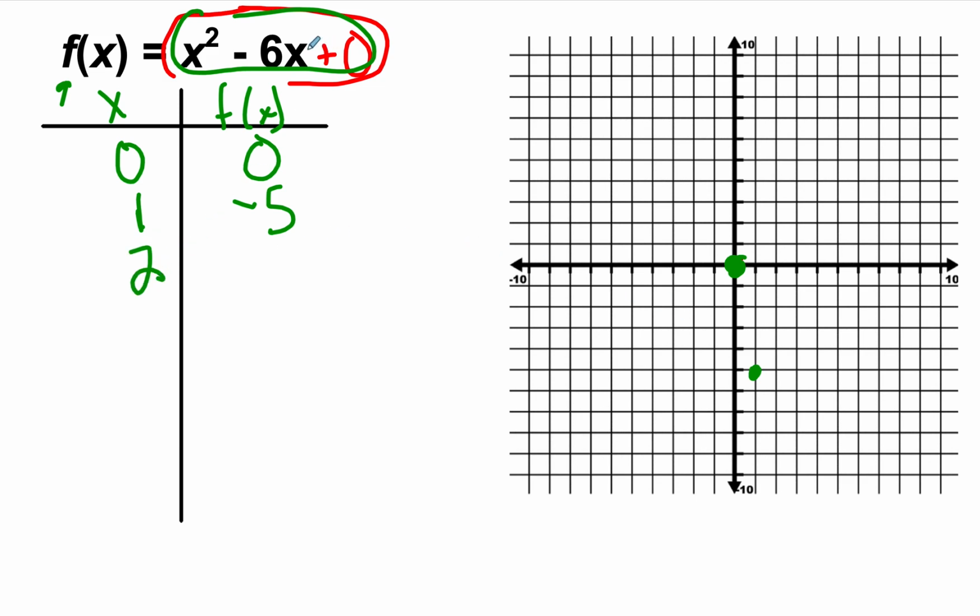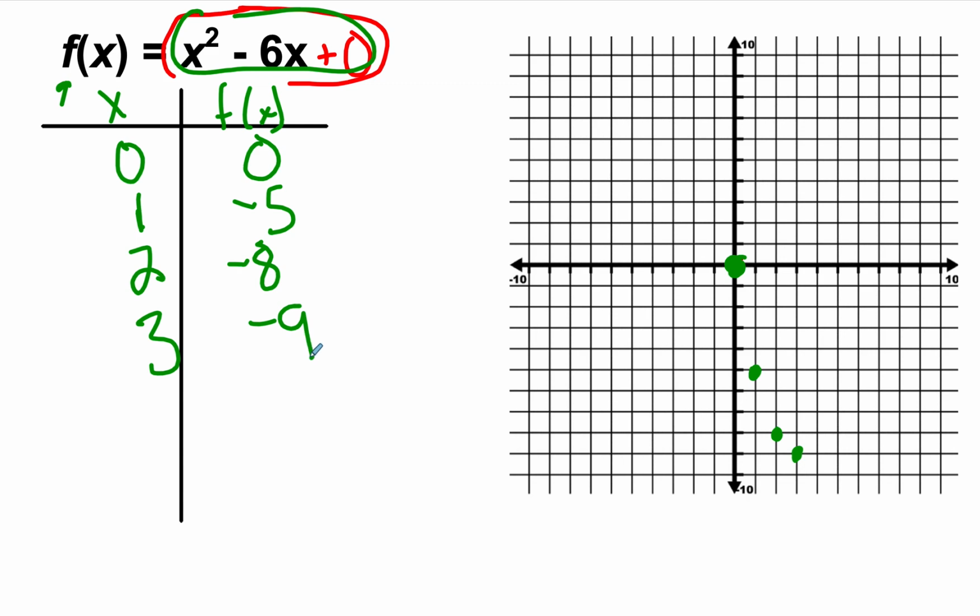Might as well plug in 2. 2 squared is 4. 6 times 2 is 12. 4 minus 12, negative 8. 3 squared is 9. 6 times 3 is 18. 9 minus 18 is negative 9.